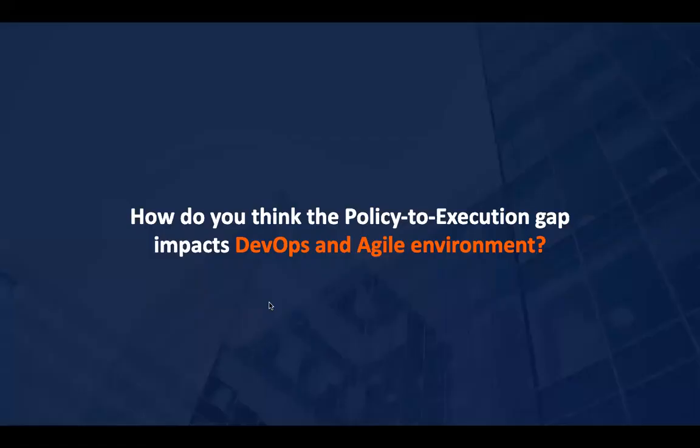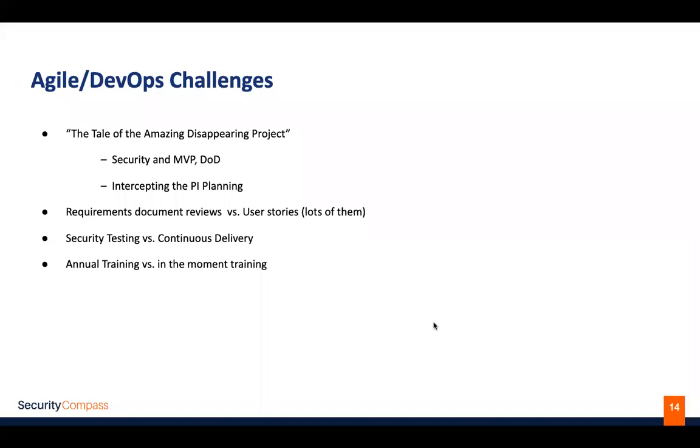Okay. Thanks, Jeff. So how do you think the policy to execution gap impacts DevOps and Agile development? I think in some ways it's actually the other way, where the Agile development impacts and DevOps implement the policy to execution gap. So I'll give you an example, a story here.